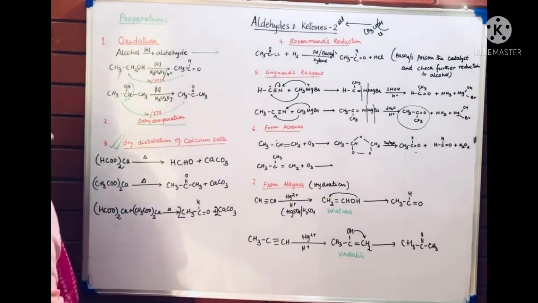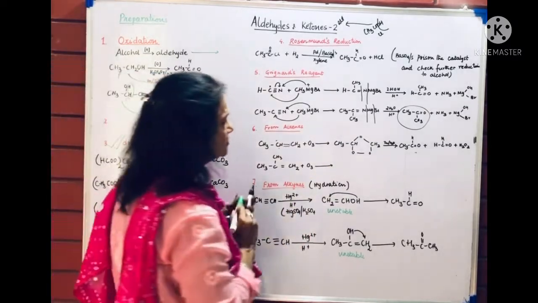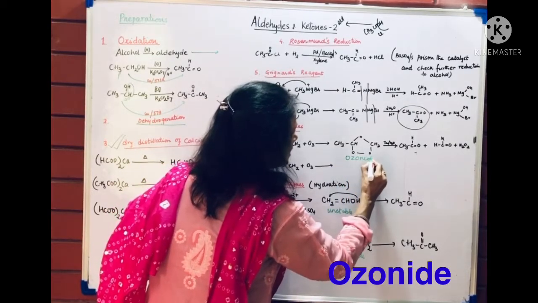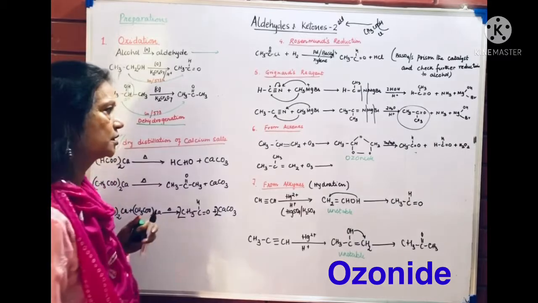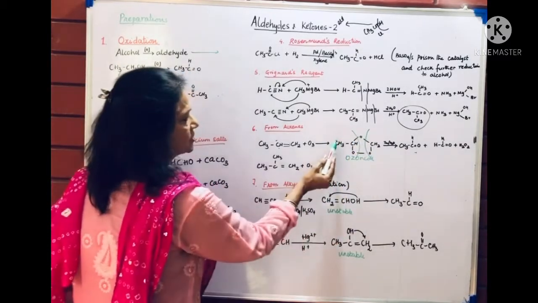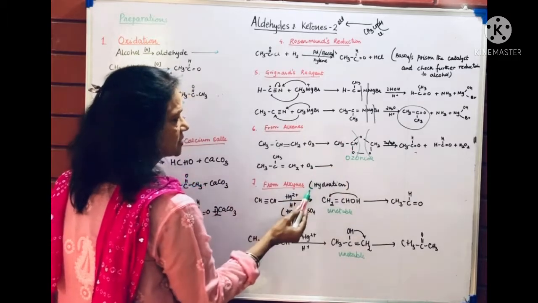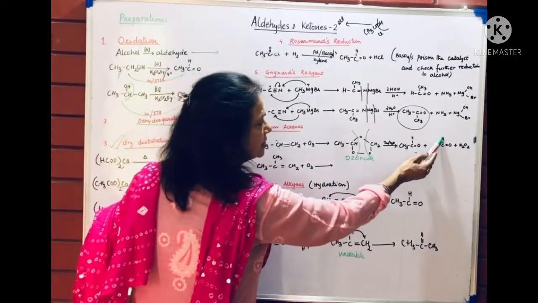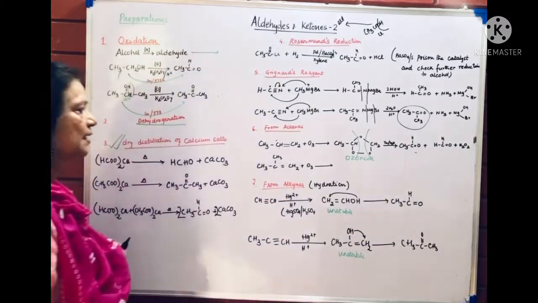On attaching 3 oxygen atoms, it becomes an ozonide. In presence of zinc and water, this ozonide breaks into 2. CH3CHO is the first one. The other one is CH2O, which is HCHO, and H2O.